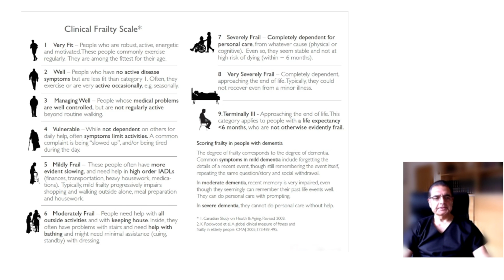But in most cases, it is patients at a frailty score of 5 that will determine whether the patient is likely to do well or not when they need intensive care facilities.